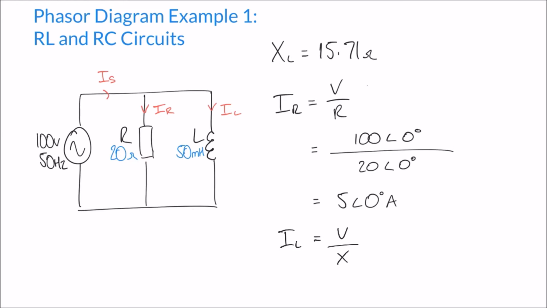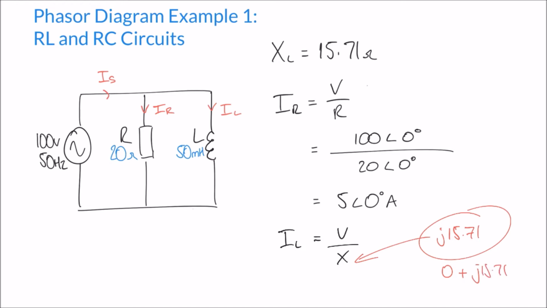Just as a side note here, our reactance is going to be J 15.71. If I was to express that fully as a complex number, it would be 0 plus J 15.71.